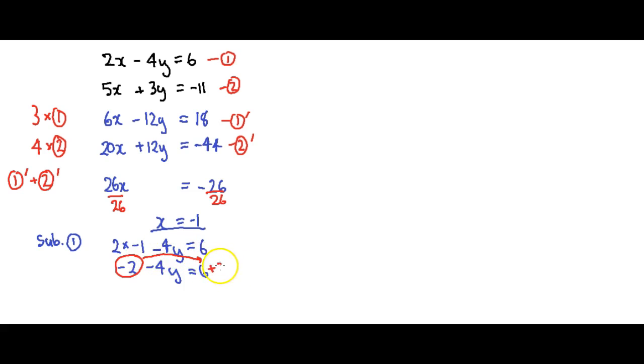Becomes a positive 2. And minus 4y equals 8. And finally, to get y by itself, I'm going to divide by negative 4. Negative 4's disappear. Go back up the top here, leaving y equals 8 divided by negative 4 is negative 2.